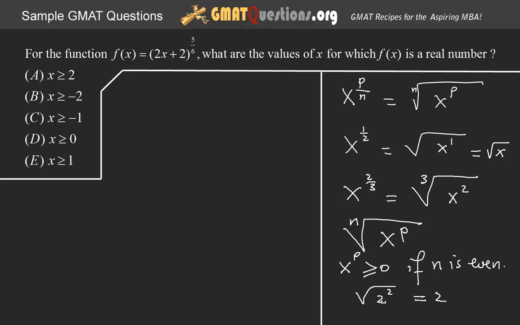And obviously, you cannot have the square root of negative 4, because 2 squared is 4. The square root of negative 4 is not allowed. Once again, if n is even, the entity inside the radical has to be non-negative.